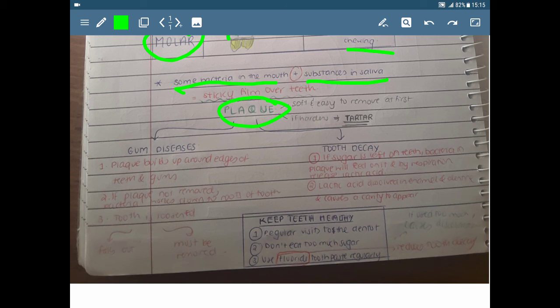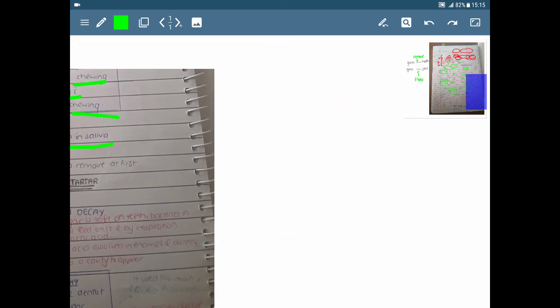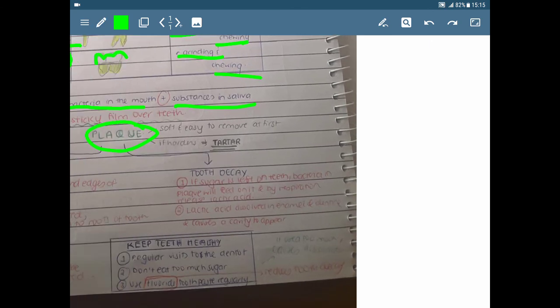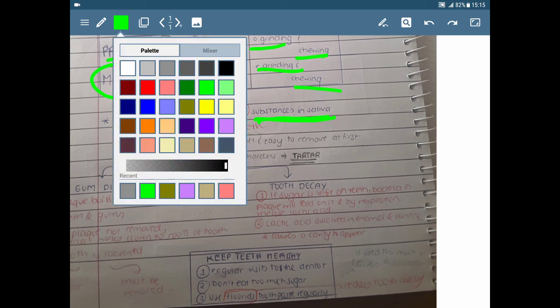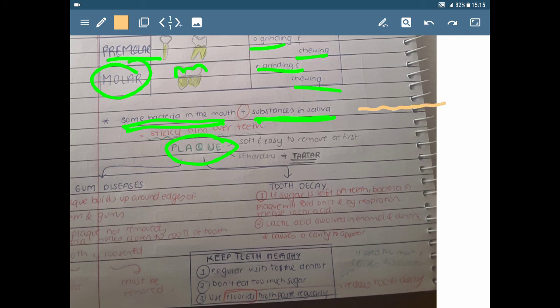Think about it: bacteria are very dirty, with a greenish color, and mixed with the food substances in saliva, they form a weird, sticky texture over the tooth. The bacteria and the substances of the food form a thin layer called plaque.